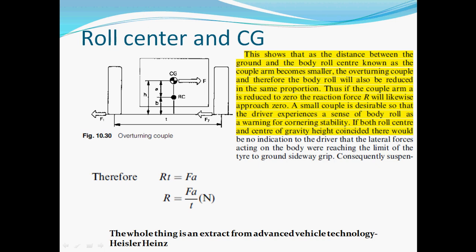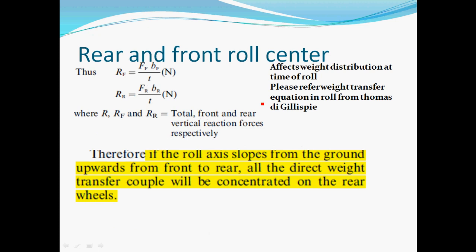But if the distance between CG and Roll Center is too high, then it will have too big an overturning couple, and again it's not good for the driver. So it should be optimum. Again you'll ask what should be my Roll Center value. Again I'll say the same thing: you should go with the benchmarking approach to get the exact Roll Center values, because there is no exact match.